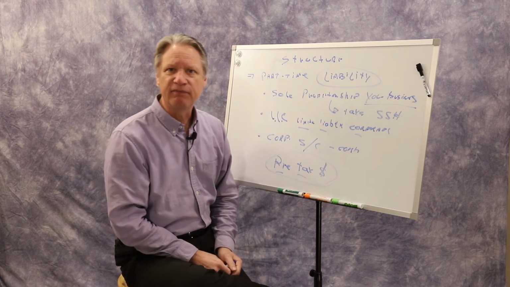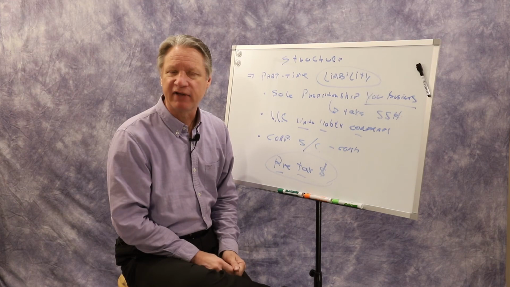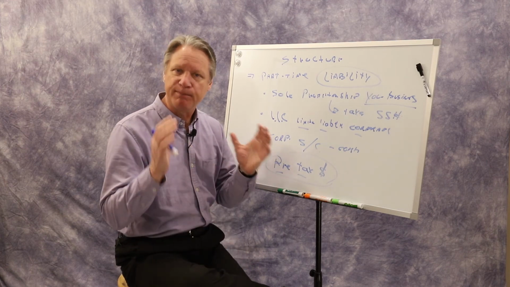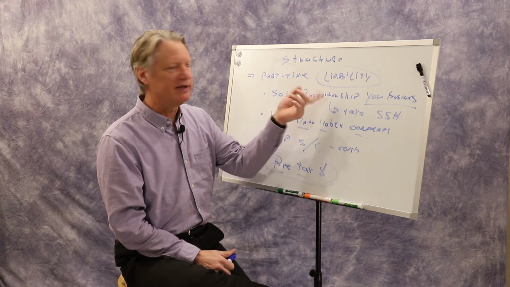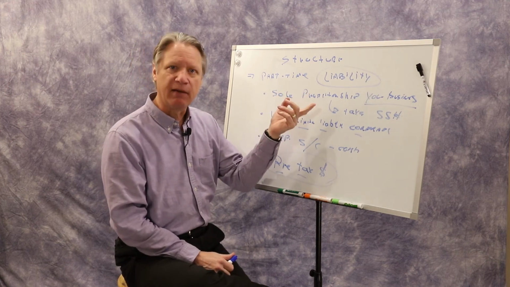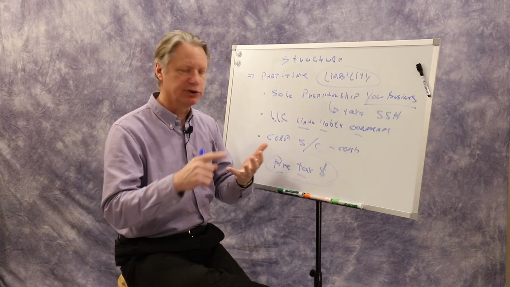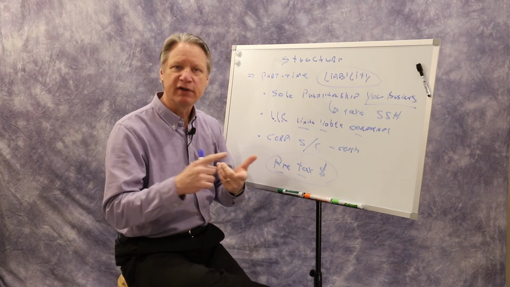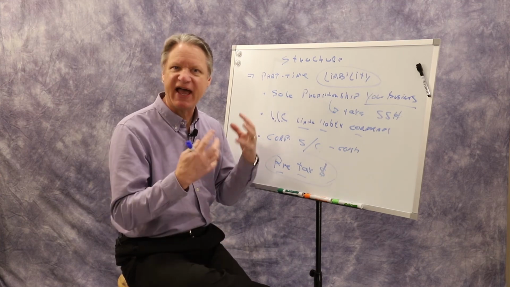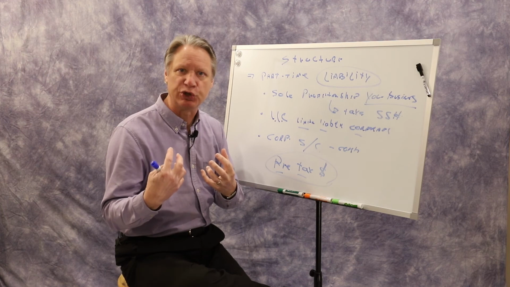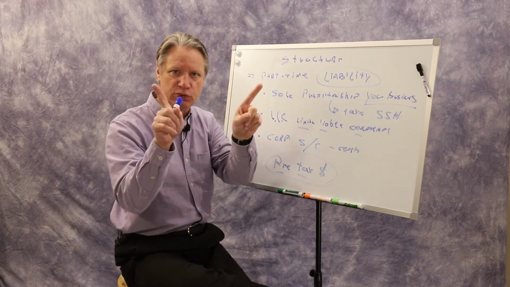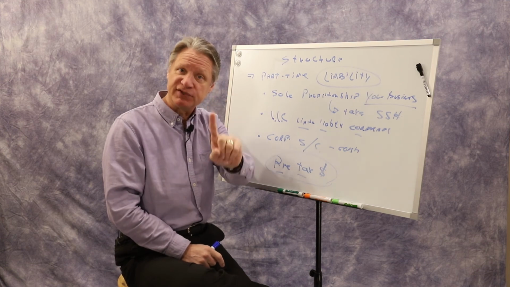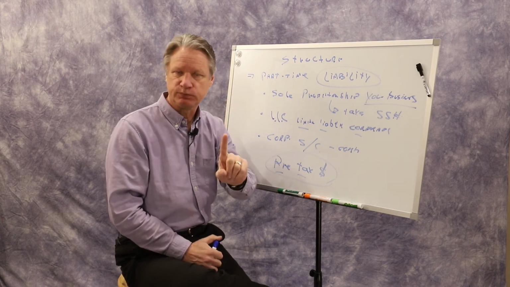But if you don't have business insurance and don't have liability as part of that business package, and they sue you, they can come and take your camera, your car, your house, anything else that you have as an asset that belongs to you. Because remember, in a sole proprietorship, there are not two, there is one. The business and you are the same.